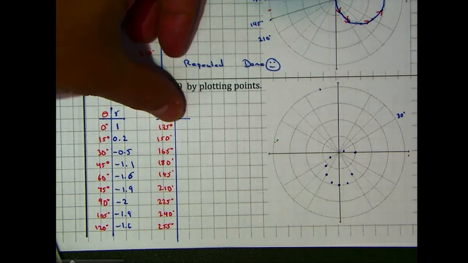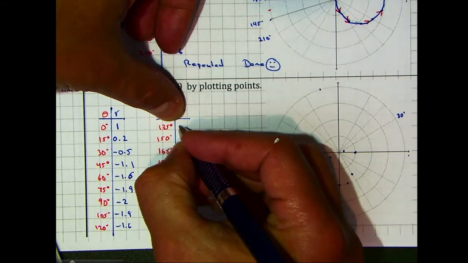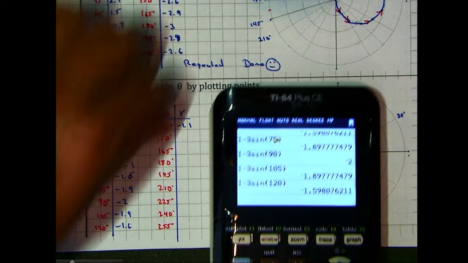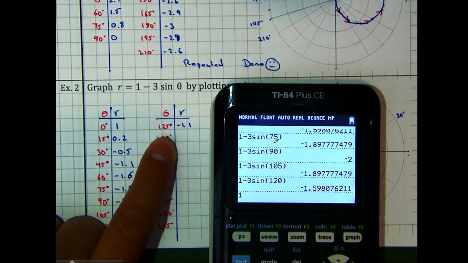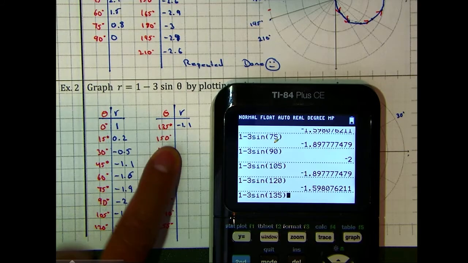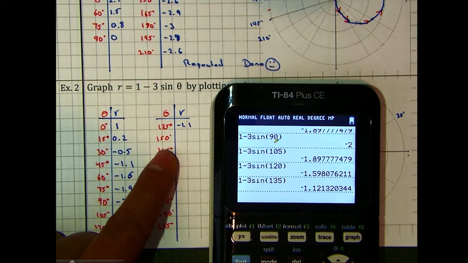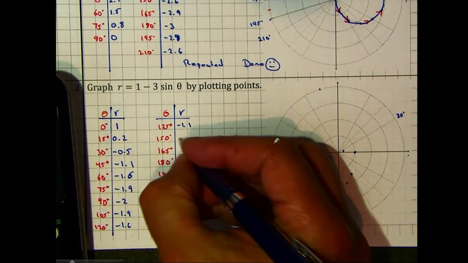So after 135, I'm going to go ahead and 1.1. Okay. Then 150, negative 0.5.